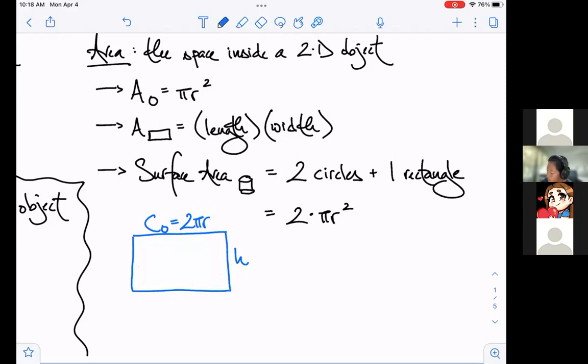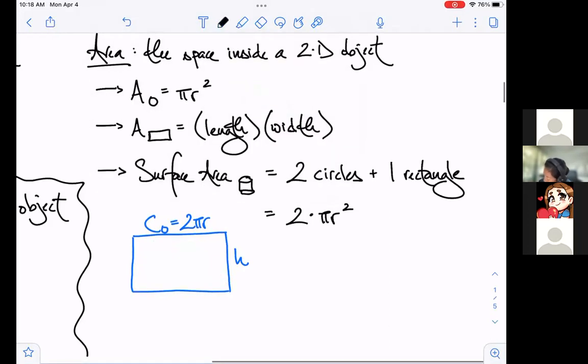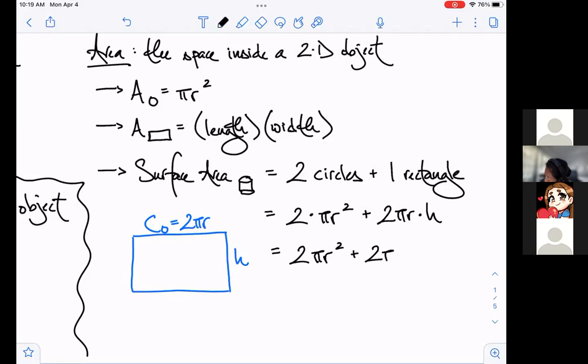Yeah, we multiply them together, right? This is our length times width. And so for the one rectangle, we'll have 2 pi r times h. Okay, so when you see this surface area formula for a cylinder, it looks pretty complicated, but it boils down to having 2 circles plus 1 rectangle.